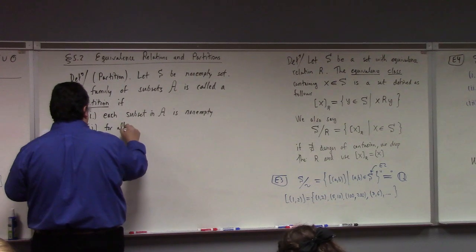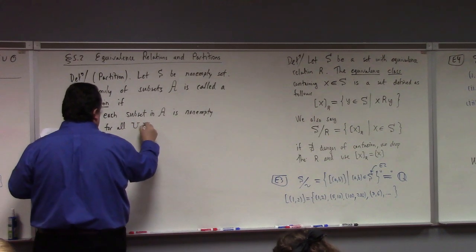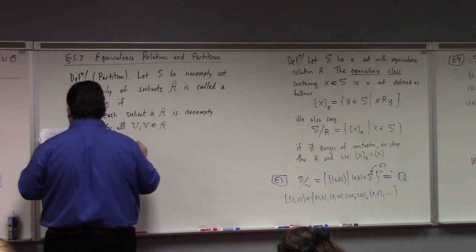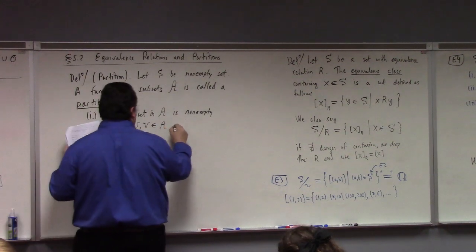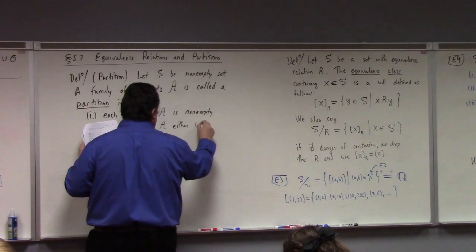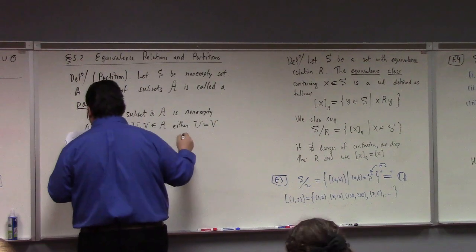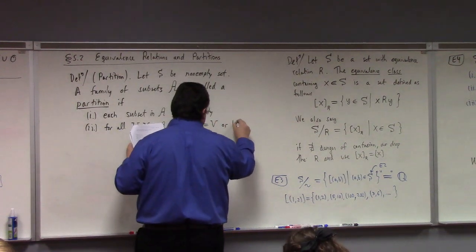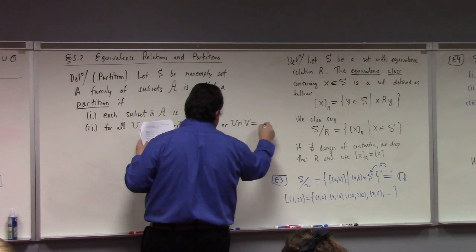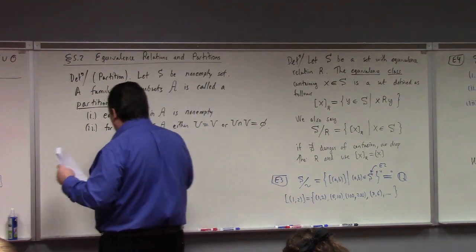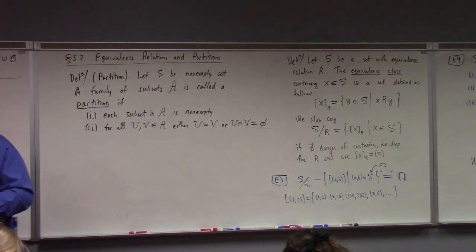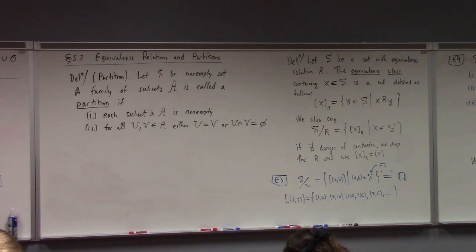Number 2, for all u and v in A, either u is equal to v or u intersect v is empty. In other words, it's a family of distinct subsets which are pairwise disjoint.